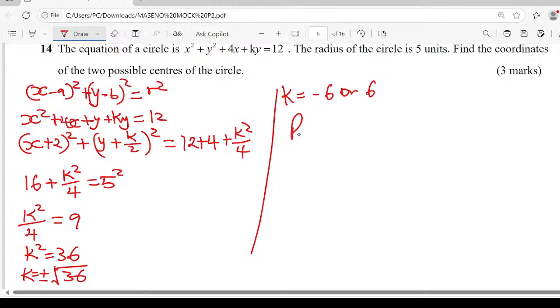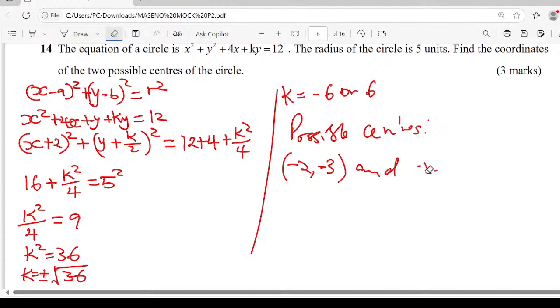Therefore, the possible centers here, we are going to have (-2, -3) and (-2, 3).